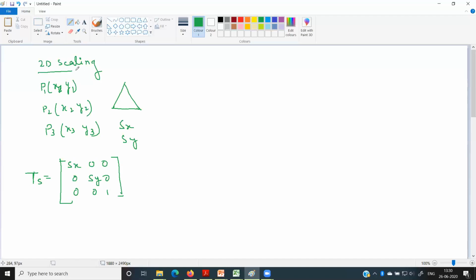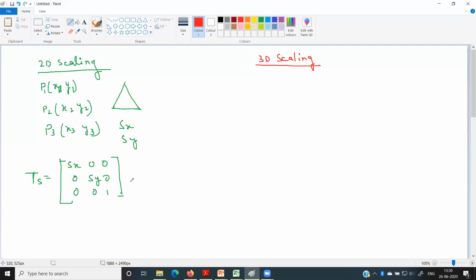Now, while we discuss the 3D scaling, we just add an additional coordinate. And you remember one thing, this 2D scaling which I discussed is the free scaling. It is not the scaling with respect to a fixed point.